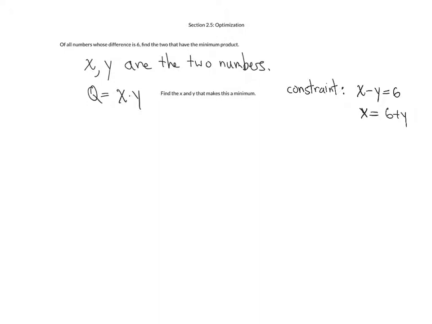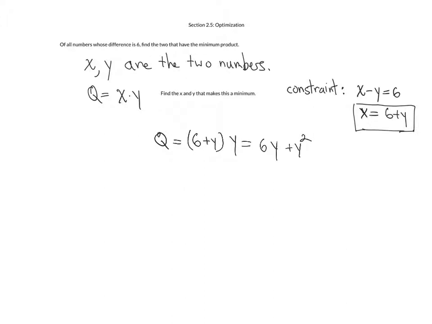And now I can once again use this relationship, x equals 6 plus y, in the formula for Q, which becomes Q equals 6 plus y times y, and that can be simplified to 6y plus y squared.